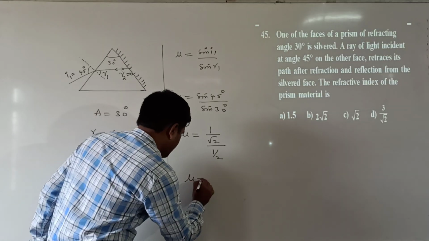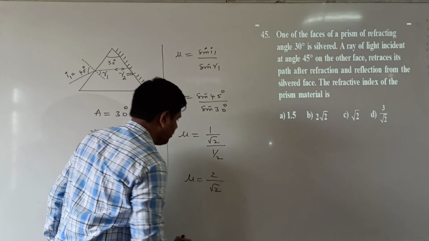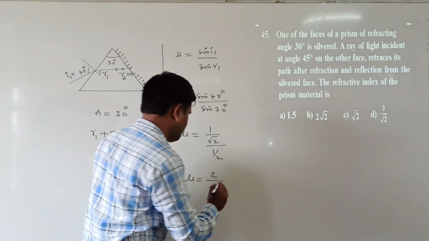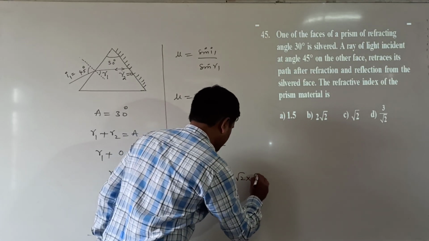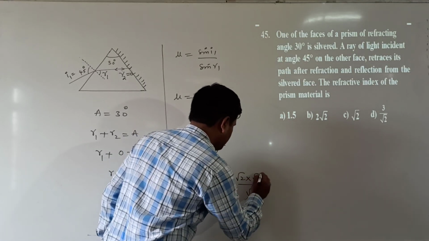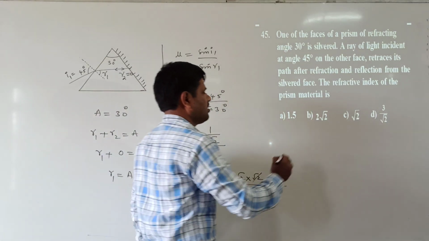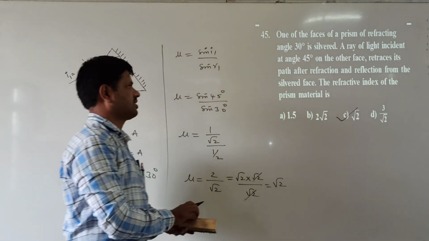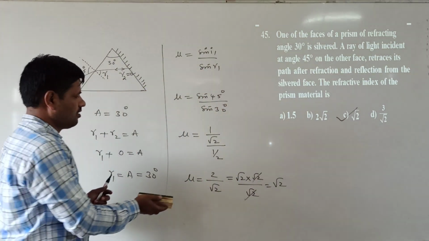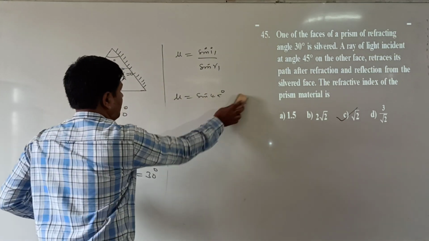What are we getting here? Mu is equal to 2 by root 2. 2 by root 2 means root 2 into root 2 by root 2. Now root 2 cancels. What is the value we are getting here? Root 2. So which option is correct here? C option is correct here. This is question number 45.